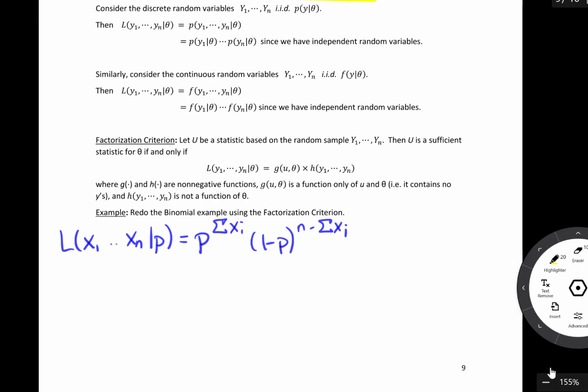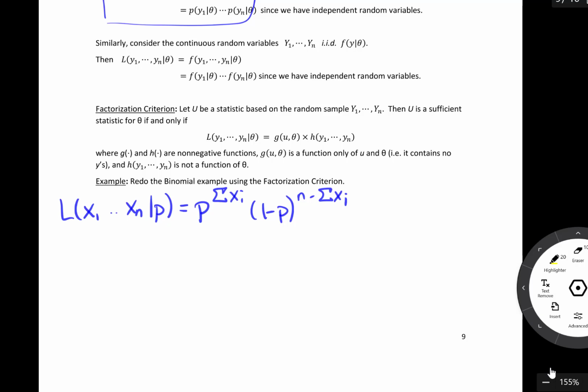And we're getting this by applying this piece right here, because remember that p of y given theta was equal to p to the xi, 1 minus p to the 1 minus xi, and then by the independence, we multiply them all together, just like we did in the previous example.